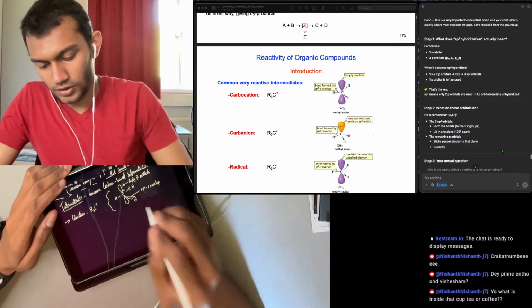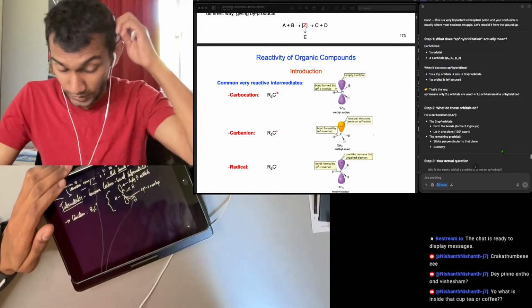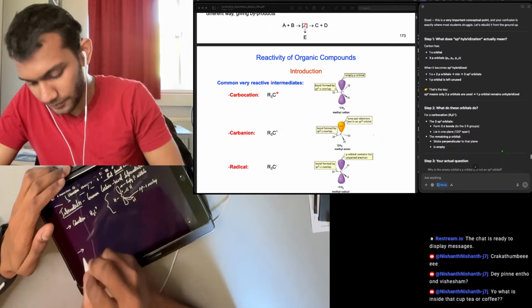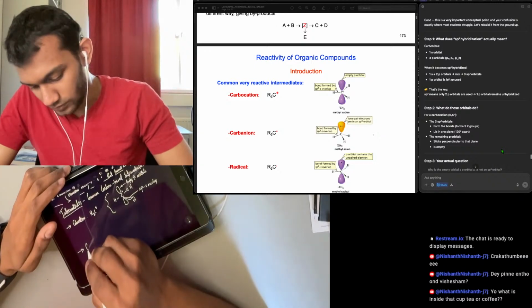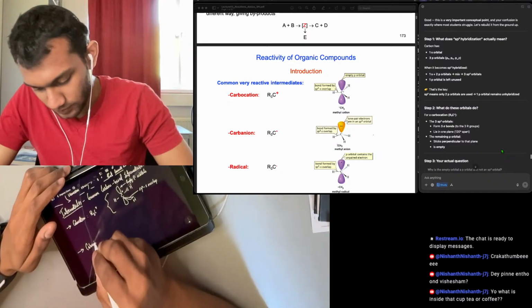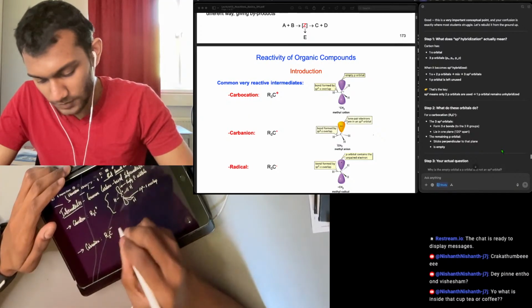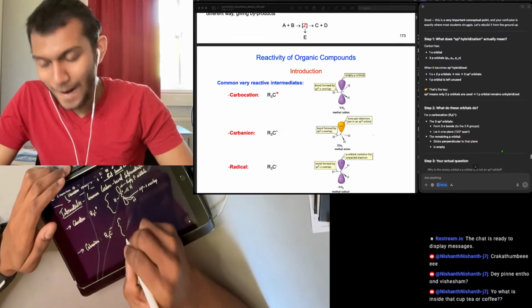Carbocation, yeah, with an empty p orbital and 3 sp2 orbitals. Now what's the next one? Carbanion. That's C minus, right? Right, yeah.